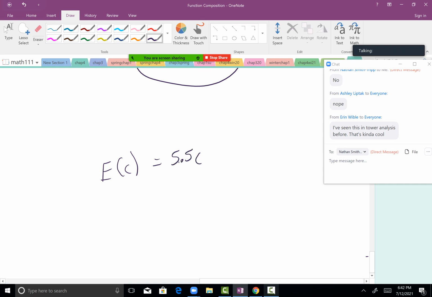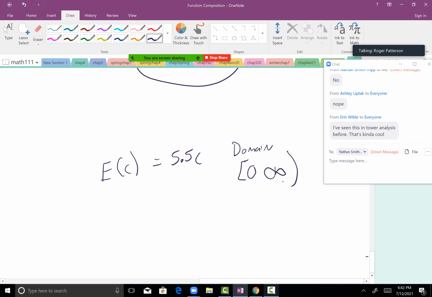Now C, remember, is the number of chickens. So if that's going to be my domain, what would that domain look like? Zero to infinity? Yeah, 0 to infinity. So then I could go like this. This goes 0 to infinity like that.